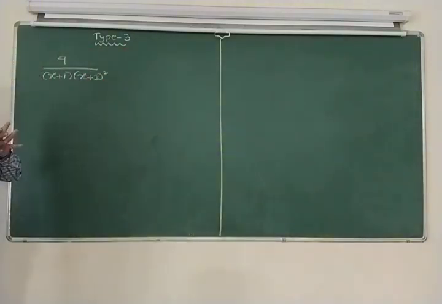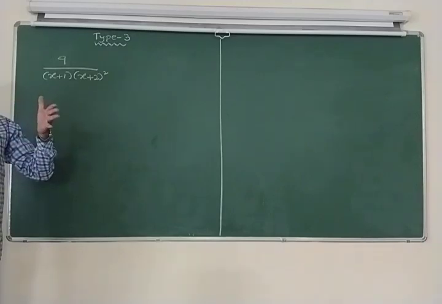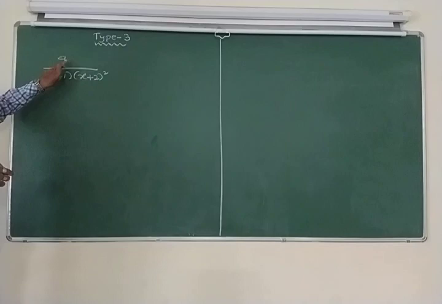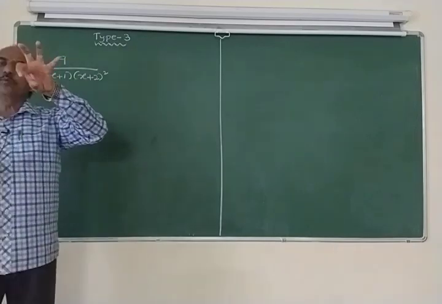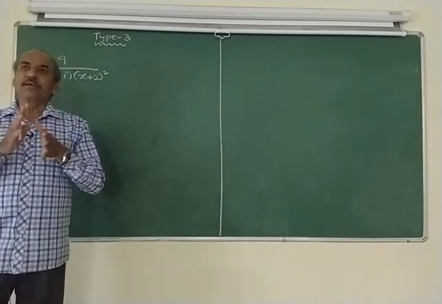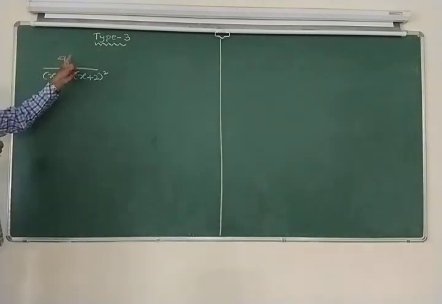Though here the x term is not there, only a numerical value is given. In case it is given like that, you can take the highest power of the variable as 0.